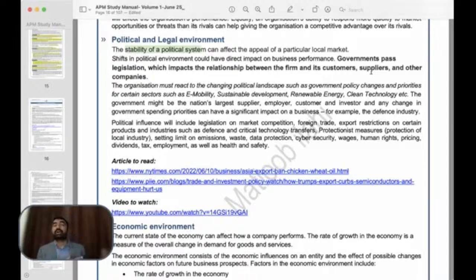For example, we are seeing in many parts of the world where the political landscape has shifted. In the US, if you consider how the new US government has different policies in comparison to the last government. For example, the new government is less interested in climate change activities, and the climate or the environment is not the priority for the new government.